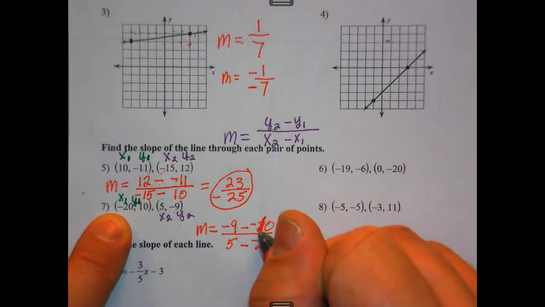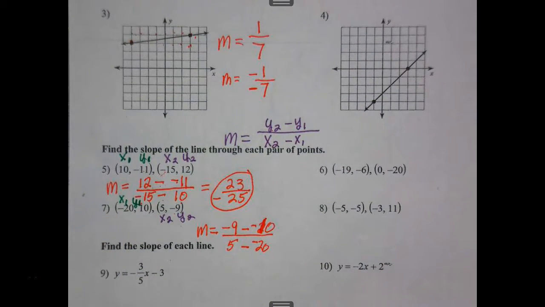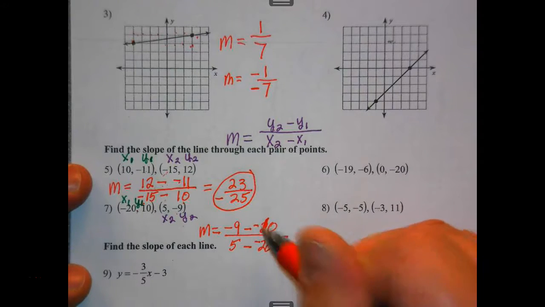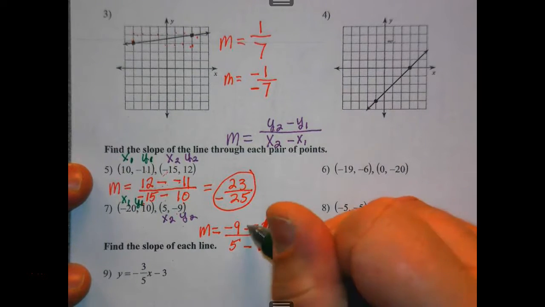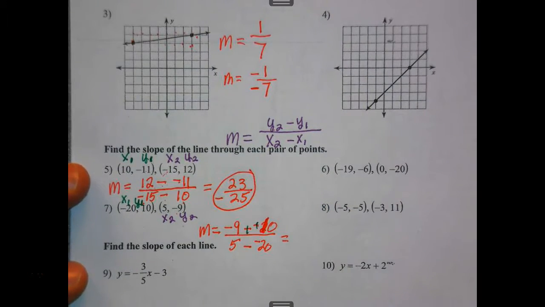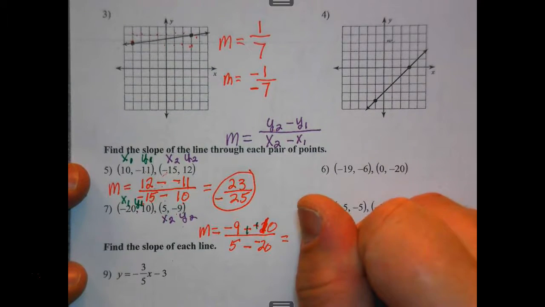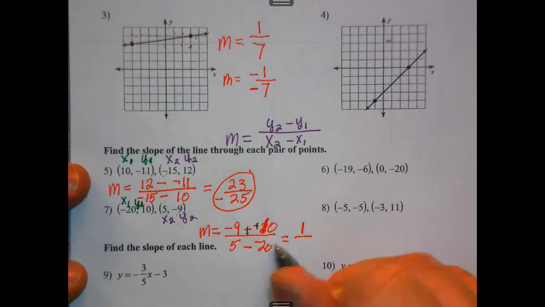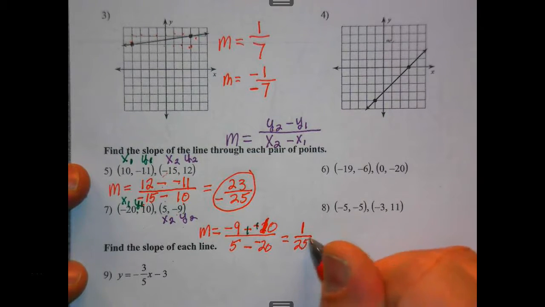This is negative 10. Okay. Negative 9 minus minus makes it a plus. Double negative rule, right? So I have positive 1, and then plus 20 is 25.